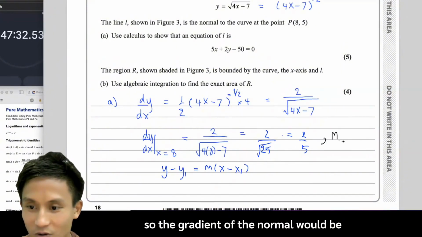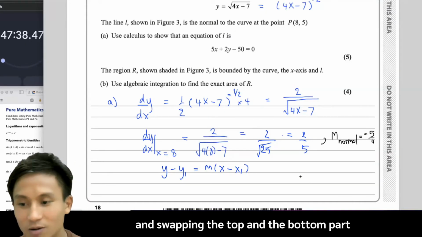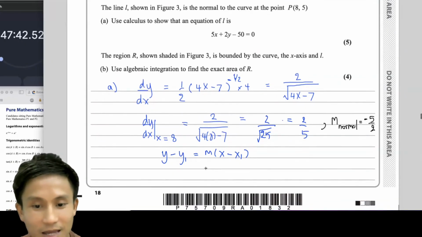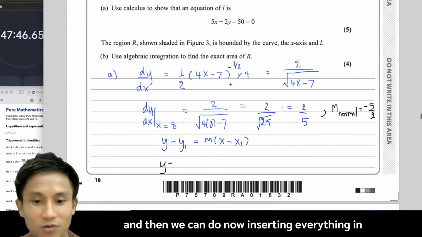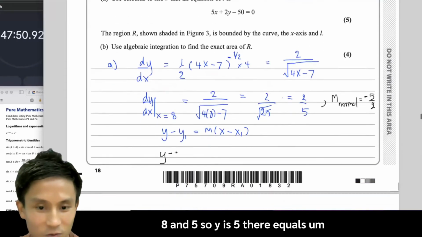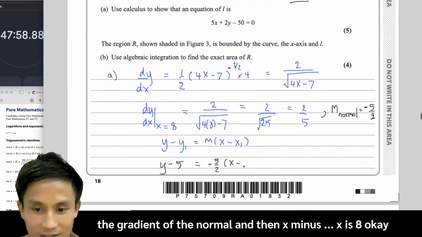So the gradient of the normal would be, just putting a minus sign and swapping the top and the bottom, just to make it quick. And then we can do now inserting everything in. So we're going to take the same point here, 8 and 5. So y is 5 there, equals the gradient of the normal, and then x minus, x is 8.